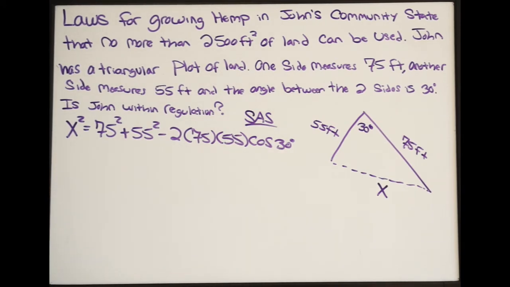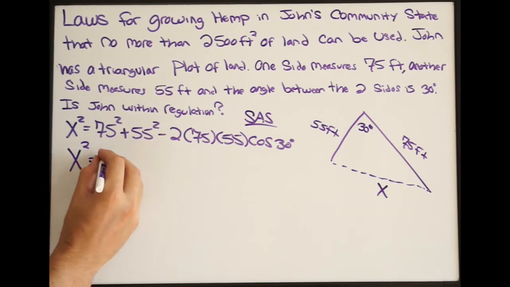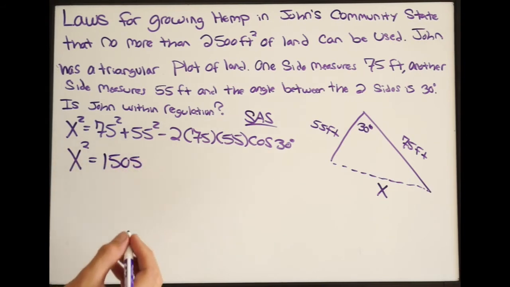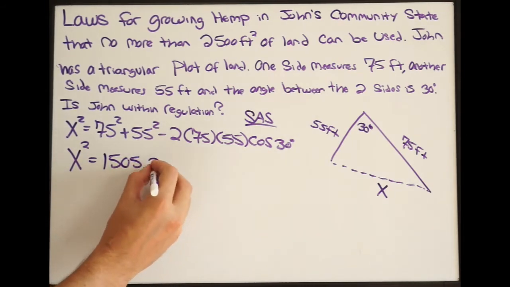Plugging this into our calculator, we get 75 squared plus 55 squared minus 2 times 75 times 55 times cosine of 30 degrees. We get x squared is equal to 1,505, and we'll round this to 0.29.